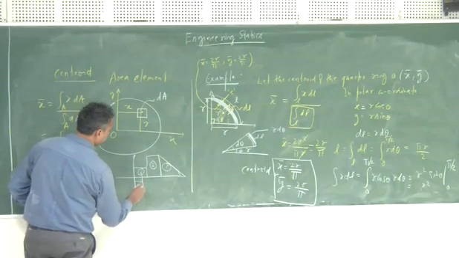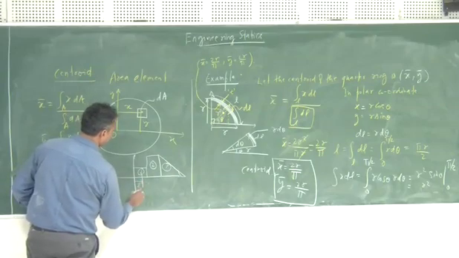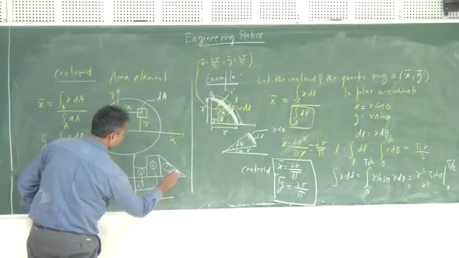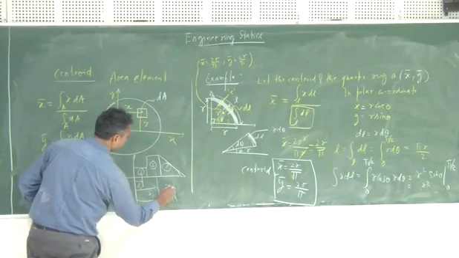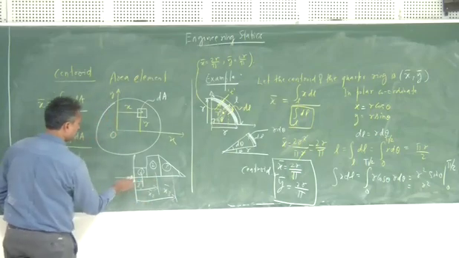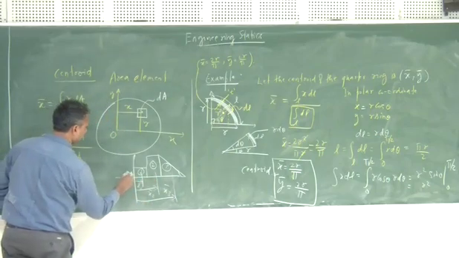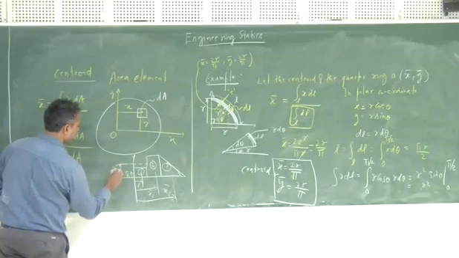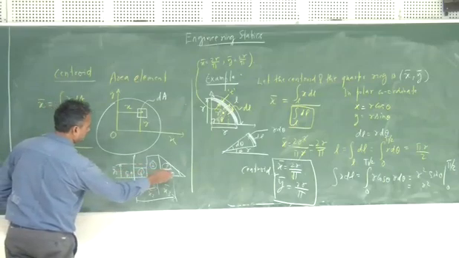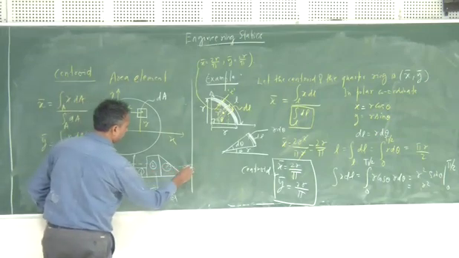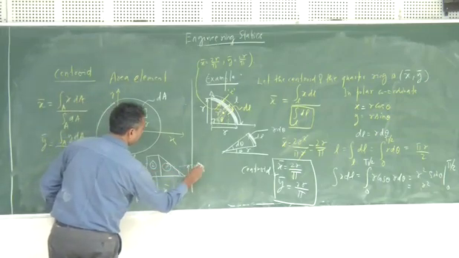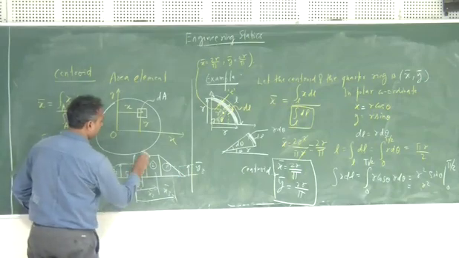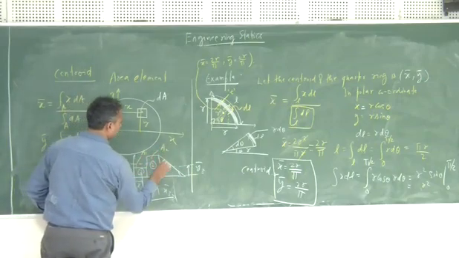Part of this one is given by 1, and similarly you will be having y bar 1, y bar 2, y bar 3.